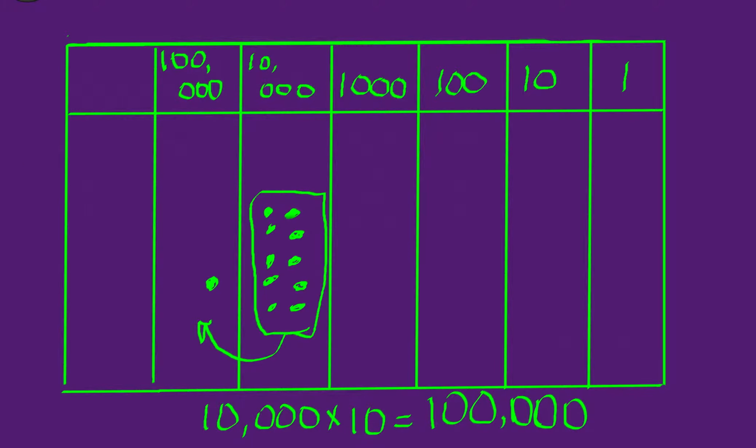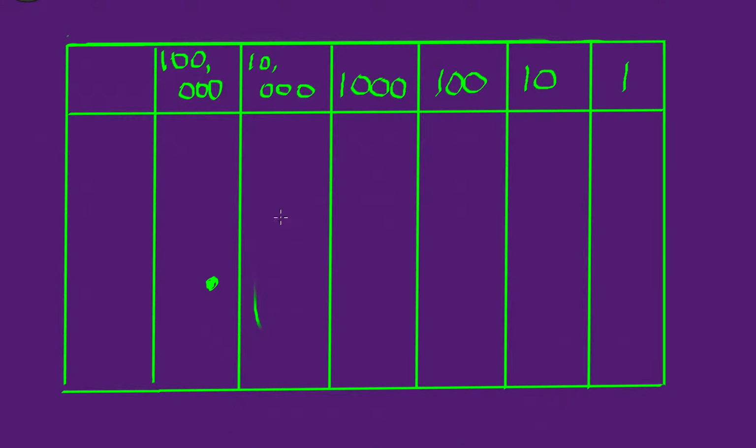Okay, so let's find this last one using the same method. I'm going to erase this part because these are gone now. Now I'm going to ask, well, what's 100,000 times 10? That will tell me what my next place value is. So I have 1 dot that is worth 100,000, and I'm timesing it by 10. So I need 10 in here. So that's 1, 2, 3, 4, 5, 6, 7, 8, 9, 10.